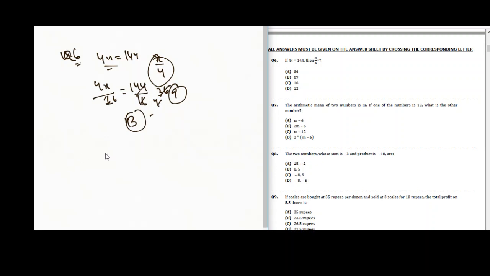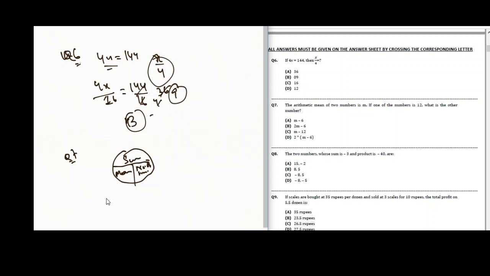Now coming to question number 7. Question 7 states the arithmetic mean of two numbers is m. If one of the numbers is 12, what is the other number? I have a tendency of using this method particularly, and I have already mentioned in the lectures how we can calculate it. You put the mean value over here, the number of terms over here, and the sum goes over here.